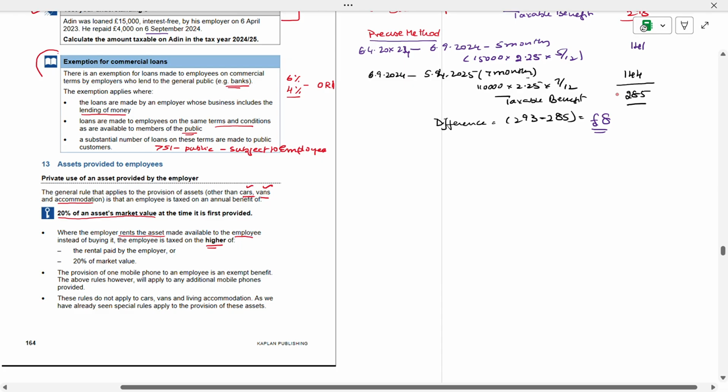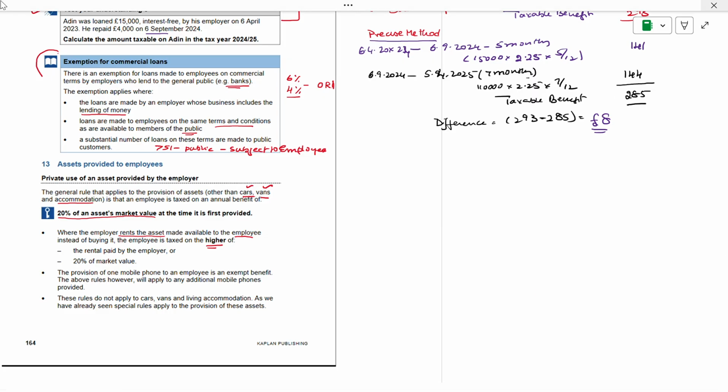When the employer rents the asset and makes it available to the employee, which one do we take? Whichever is higher. If the rental value is higher, we take that. If the market value is higher, we take that. Whichever value is higher, we have to take.